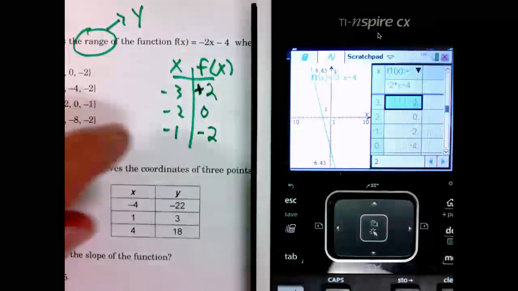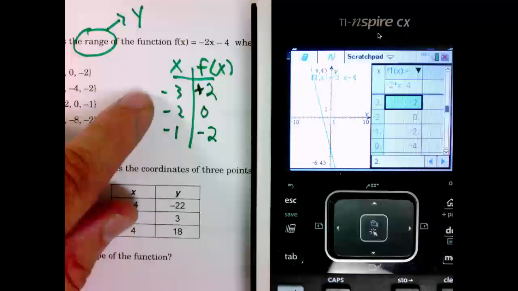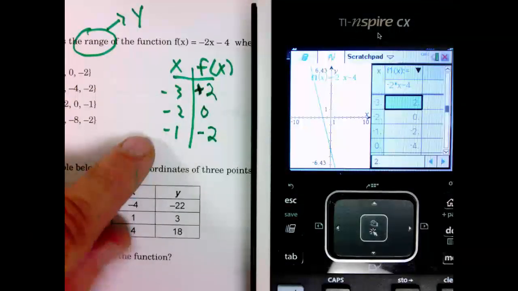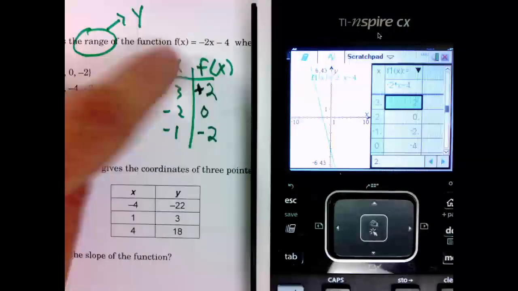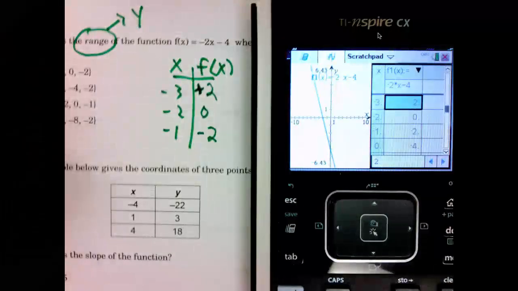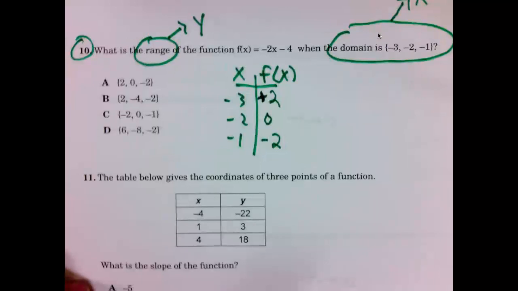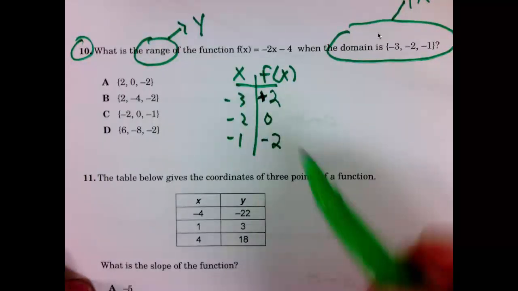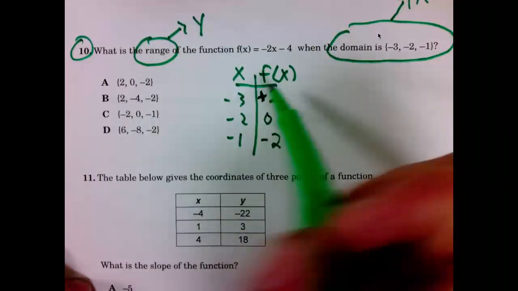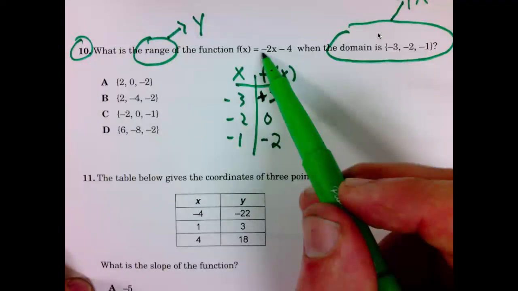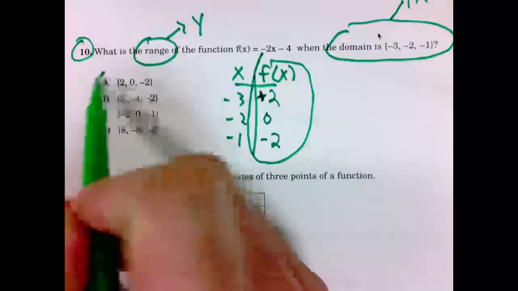Again, we'll see this phenomenon: when x increases, y is decreasing because the slope is negative. So we simply want to select the answer that has a range of 2, 0, and negative 2. So number 10 we see is A.